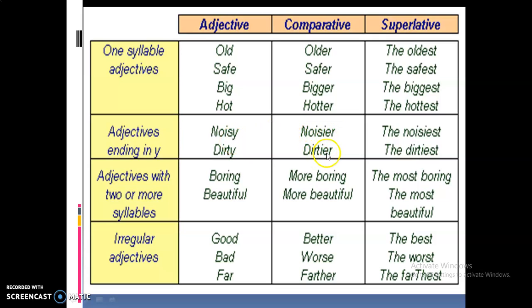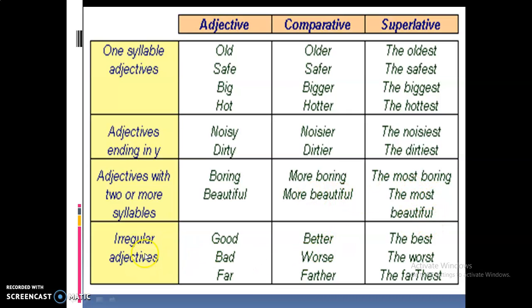Noisier, dirtier, the noisiest, the dirtiest. And adjectives with two or more syllables: boring, more boring, the most boring class. Beautiful: you cannot say beautifuler, so beautiful, more beautiful, and the most beautiful.